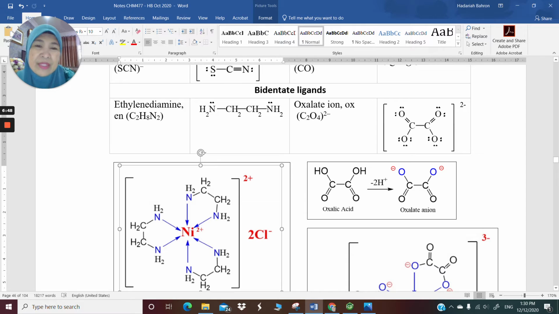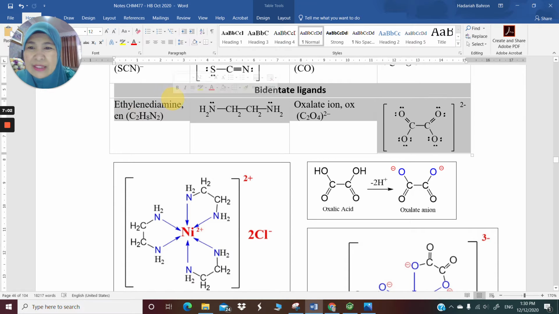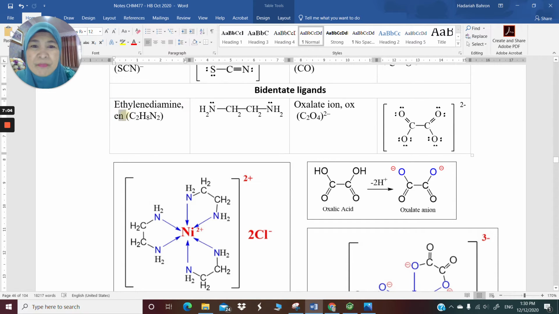Now let's have a look at another bidentate ligand, which is a charged ion. It is the oxalate ion, sometimes given the symbol ox, just like ethylenediamine is given the symbol en. The formula is C2O4.